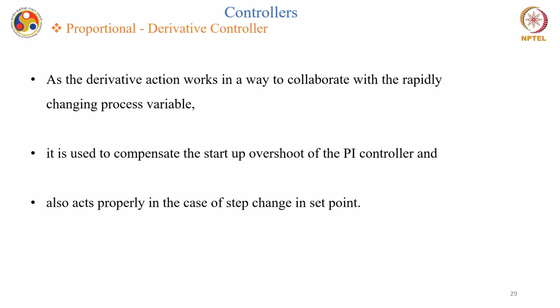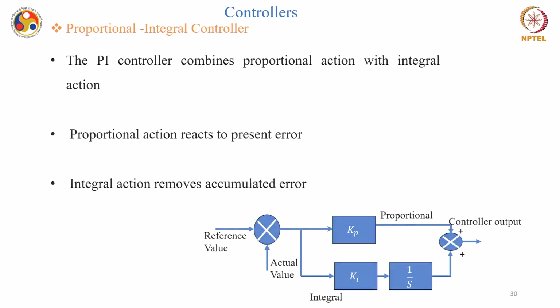As the derivative action works in a way to collaborate with the rapidly changing process variable, it is used to compensate the startup overshoot of the PI controller and also act properly in case of step change in the set points. Therefore, they are also used in conjunction with the PI controllers.